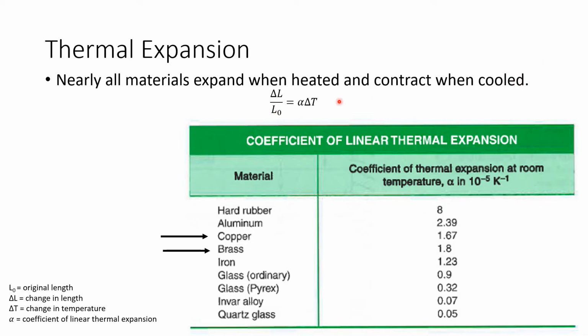This is pretty precise. It tells you exactly how much it's been heated, how much it expanded, how much we had before, and what coefficient is multiplying according to this change in temperature.